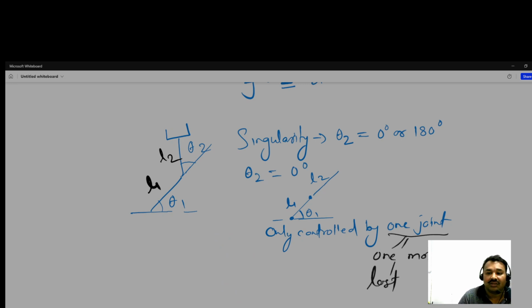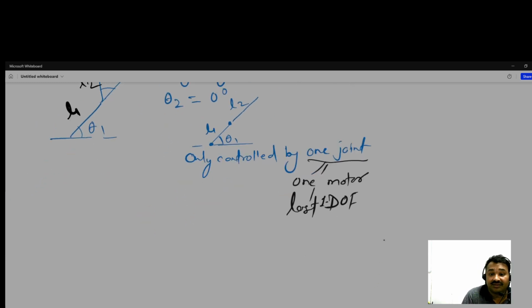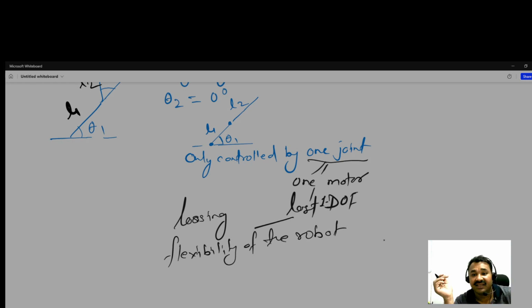Lost 1 degree of freedom. Okay, so what is the meaning of this? The meaning of this is losing flexibility of the robot. Flexibility in the sense of, like, a snake robot, for that too much flexibility is required for avoiding obstacles.